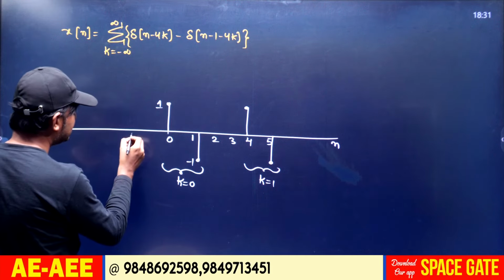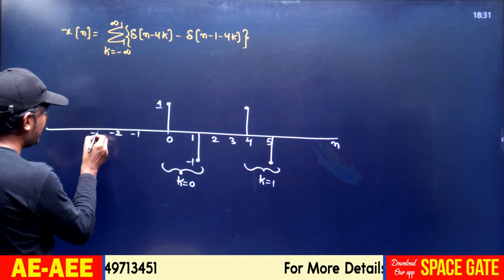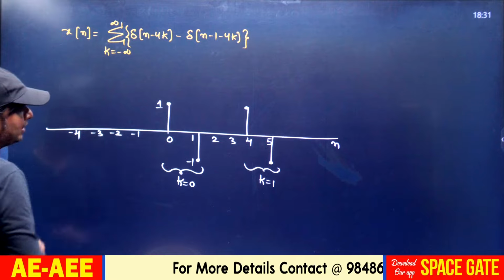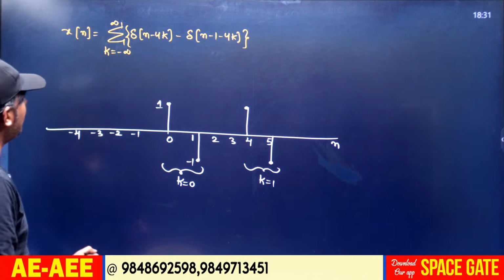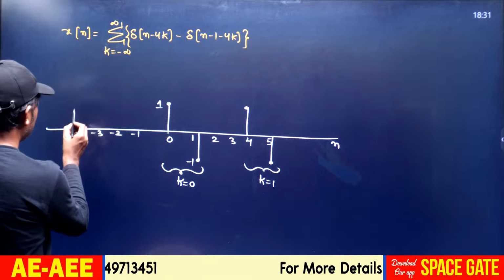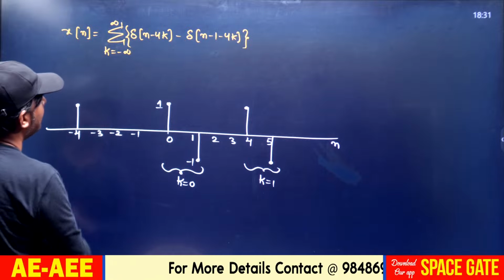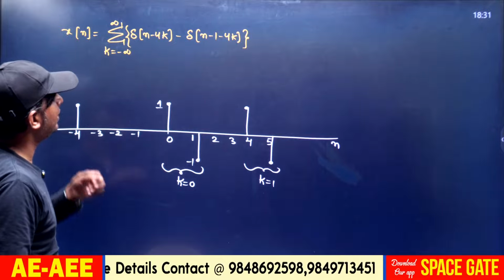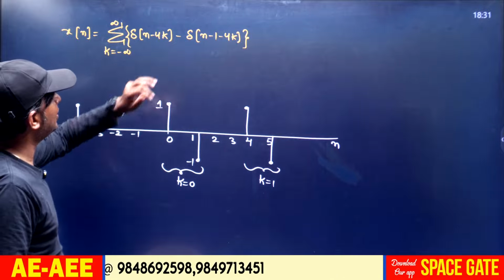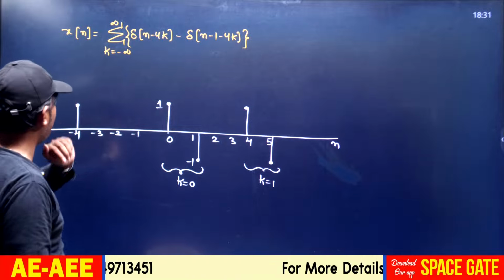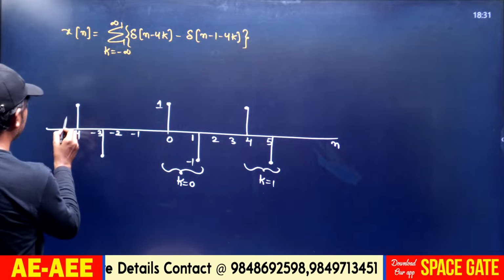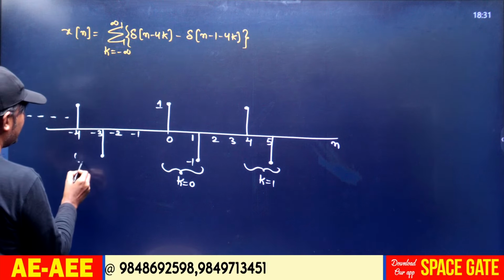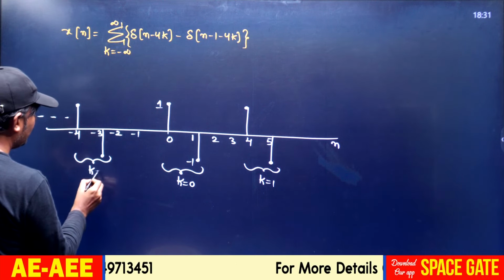Now what happens if I substitute k is equal to minus 1? This becomes del of n plus 4 minus del of n plus 3, which looks like this, and so on. This is for k is equal to minus 1.